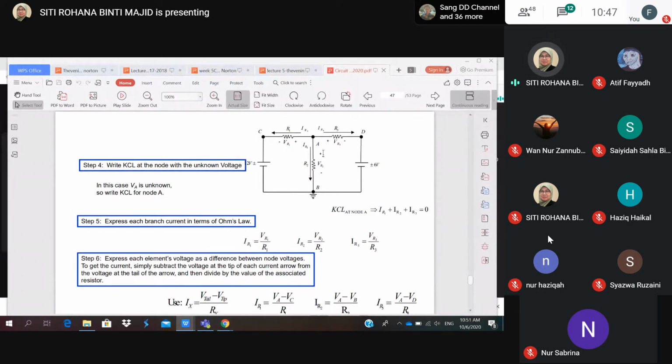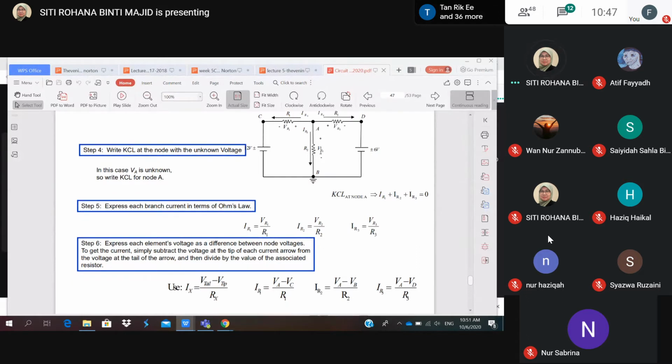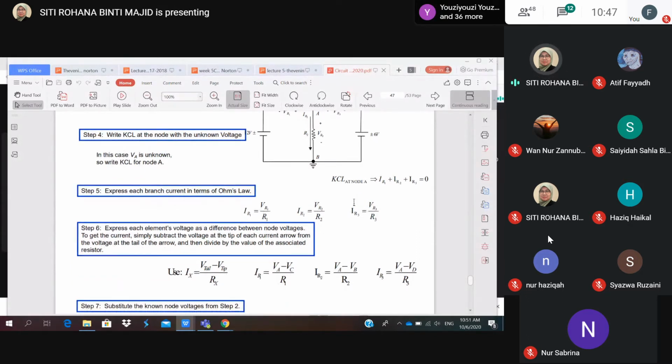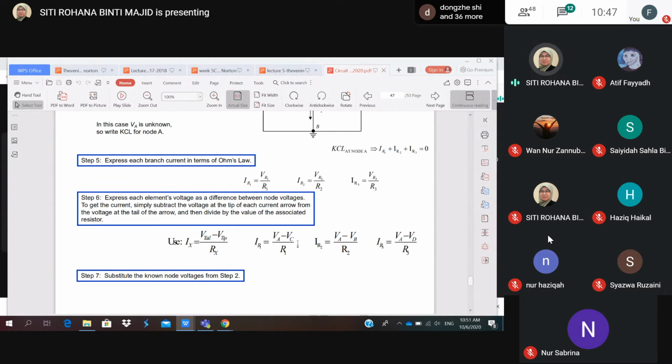In some questions, normally I will label directly, but students are able to define the KCL at the particular node, and also define the I, because this one is only Ohm's law, but they find difficulties with the potential difference. So that is a very common mistake. That's why you have to be careful when you choose the highest potential and lowest potential.